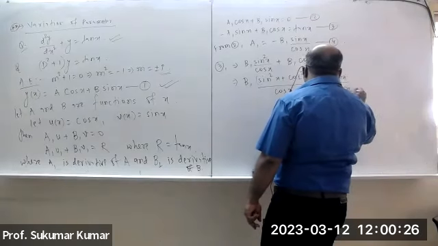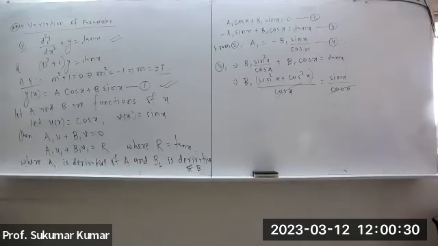Sir, where u1 is the derivative of u, sir. Here a1 u plus b1 v is equal to 0, a1 u1 like that you have written. Because cos x you have derived as sin x.